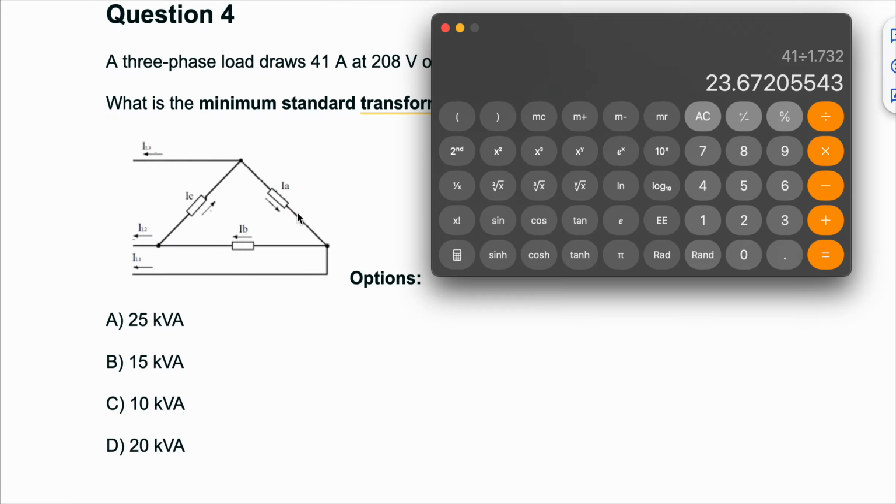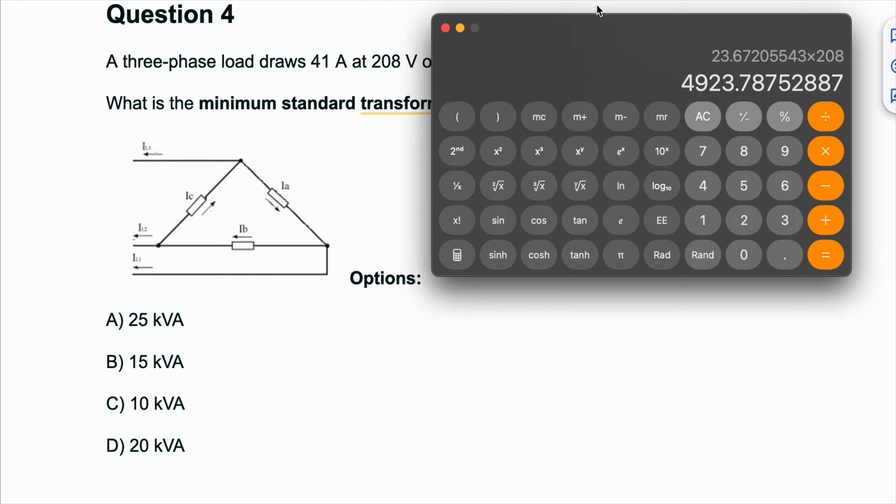What was the ampacity? 24. Imagine 24 by 208 volts, so it should be 4,923 watts, or volt VA, volt ampere.